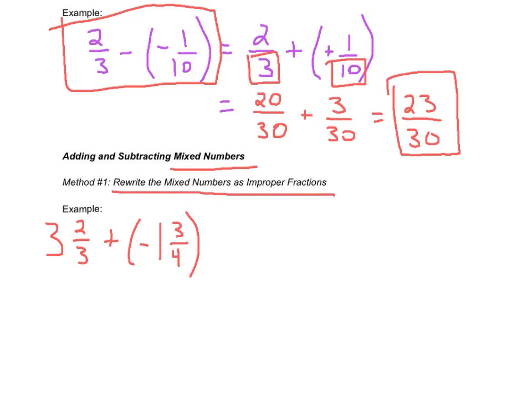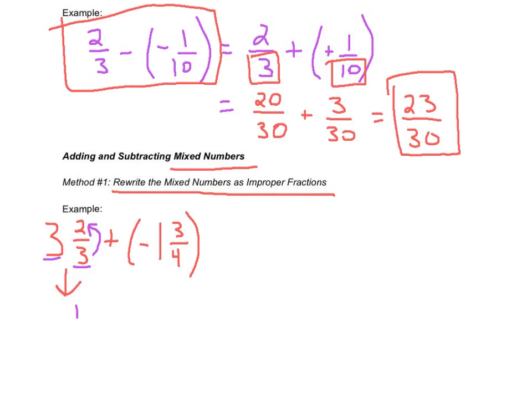So this method is rewriting the mixed numbers as improper fractions. We're going to write 3 2/3 as an improper fraction, and remember the method for that is to take this number out front, multiply it by the denominator, and then add the numerator. So 3 times 3 is 9. We're going to add that 2.